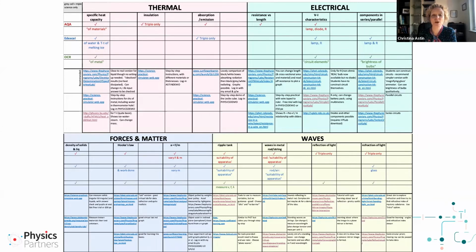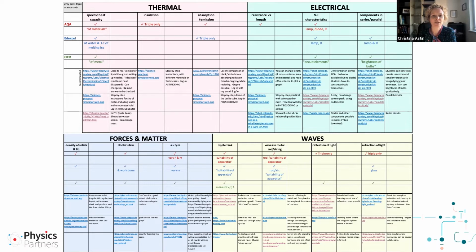And most of them are free. There are one or two that have a subscription. I'll tell you about that as we go through, but most of them are free, or at least have a free trial, but almost all of them now, in fact, are free. And I was talking to a developer just yesterday who is about to make all of their simulations free, which is great news for all of us.